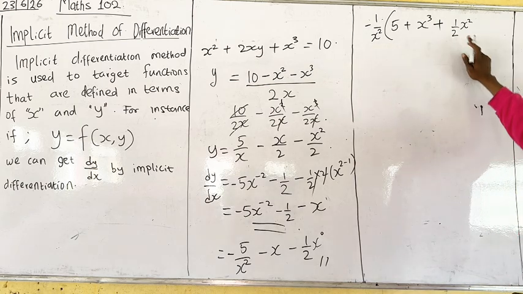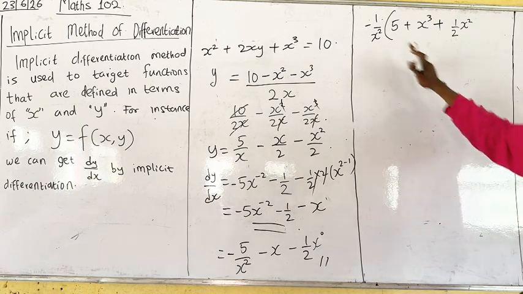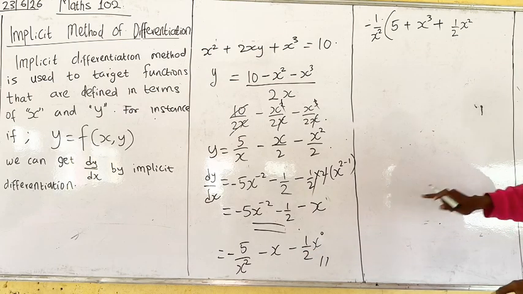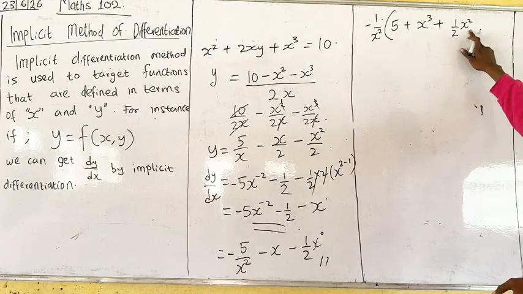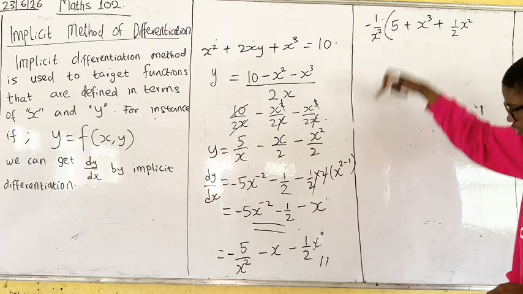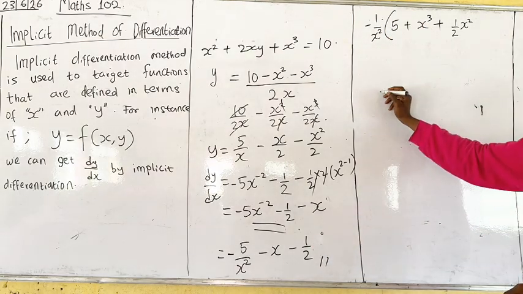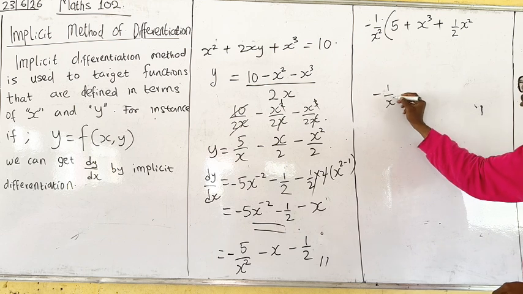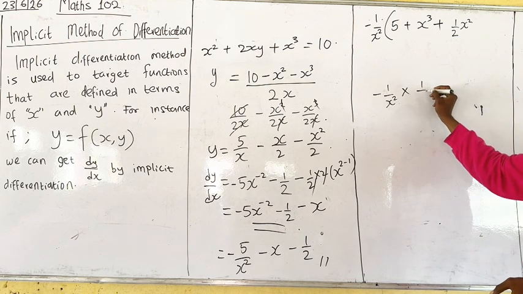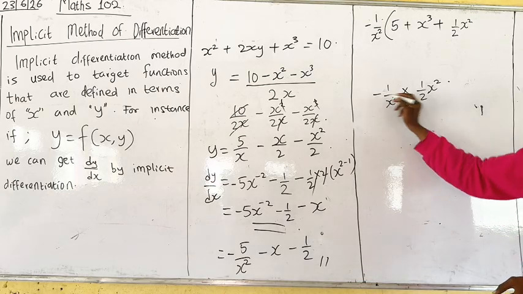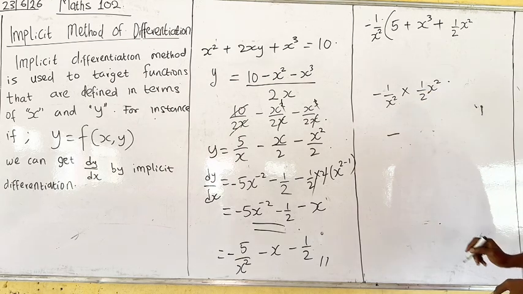This multiplied by this, what will it give you? Let's just be plain. Minus times this will give you plus. Then this times this will give you x. It will give you exactly this. Let's just look at it, 1 minus this multiplied by 1 over 2x squared. Is it not what we're looking for? This multiplied by this will give you minus.